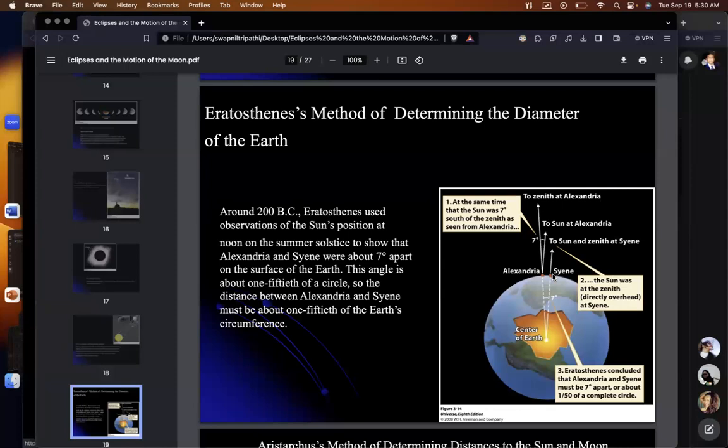What he did was he measured the angle of the sun from Alexandria.